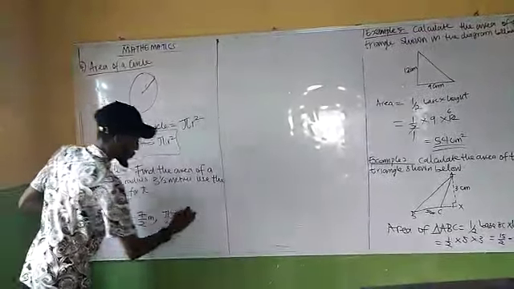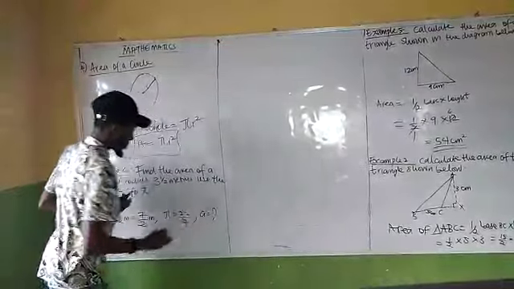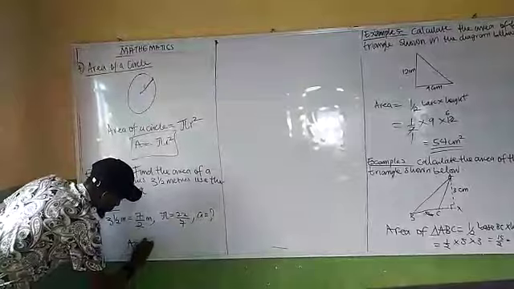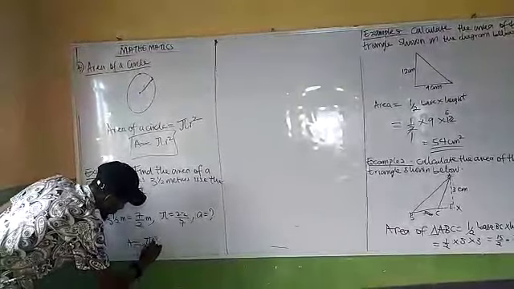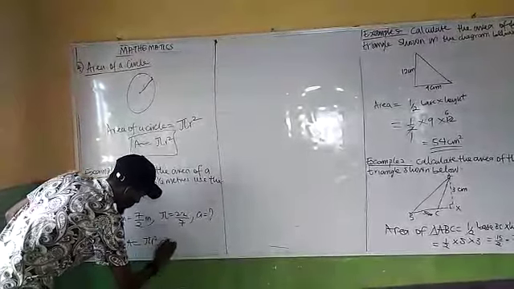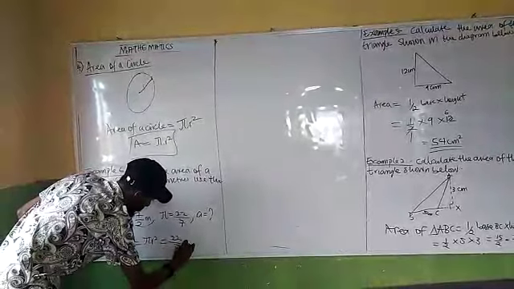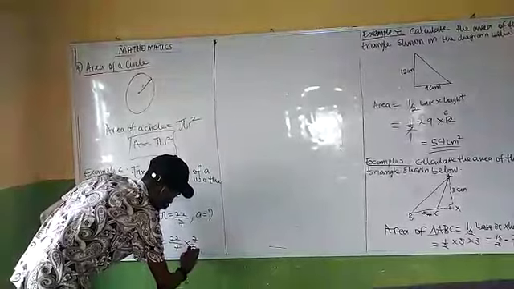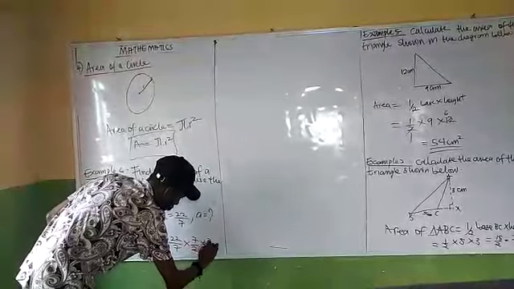What are we looking for? Area. So the area of the circle is pi r square. You substitute: 22 over 7 multiplied by 7 over 2 times 7 over 2.